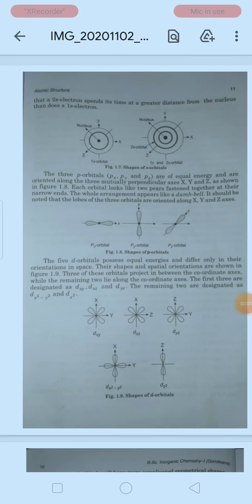Good morning, dear students. Today we are going to start the topic related to the shapes of various orbitals. In the previous videos, we have seen various types of momentum, the energy distribution, and various topics related to the electron.